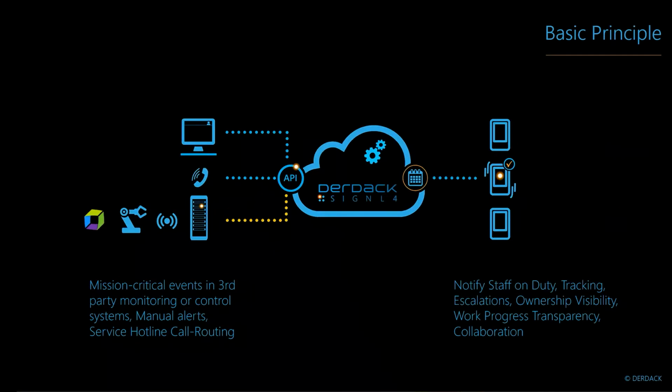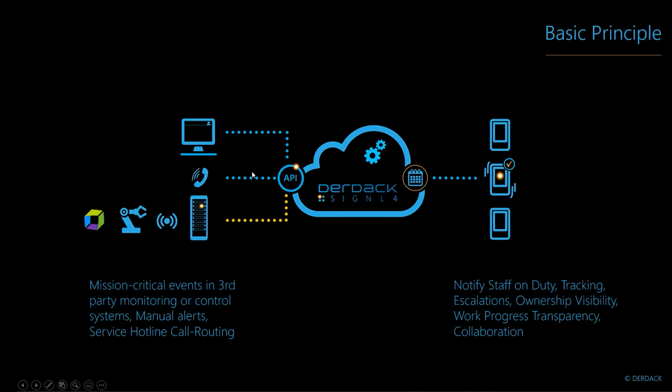All right, this is how it generally looks. On the left-hand side, you see all the backend systems, and that might be Dynatrace. It might be monitoring, DevOps, whatever IT tools. It might be production tools, and it might also be a human being calling a service hotline or some manually triggered alert.